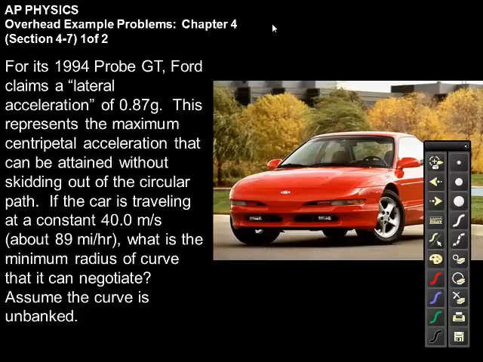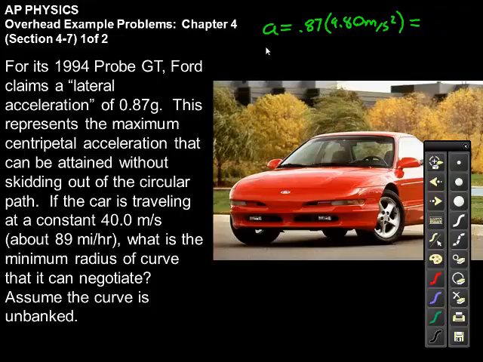Okay, the acceleration that's allowed here is 0.87 times 9.80 meters per second squared. So if we wanted to, we could punch that out and figure out what acceleration is allowed.